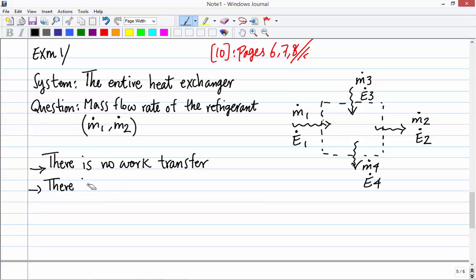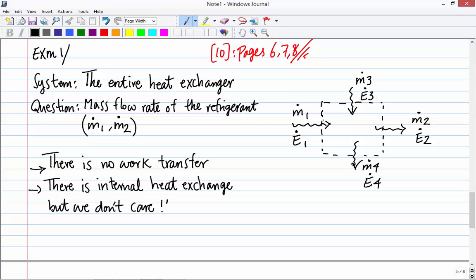Sorry, there is internal heat exchange, but we don't care. I don't care whatever is going on in my system. They might do whatever. Just interaction.